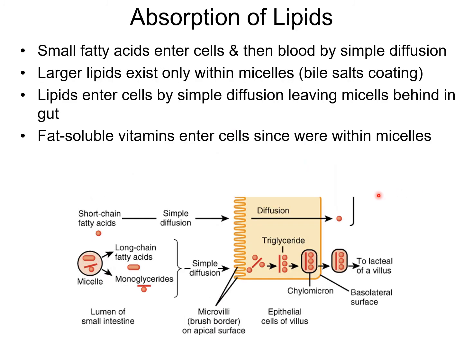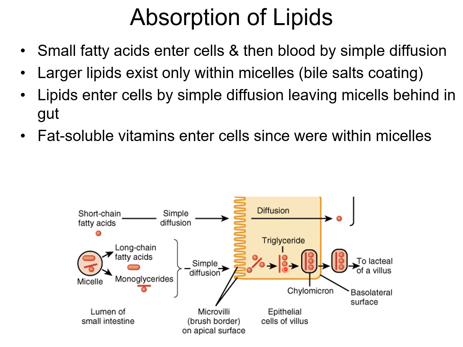So let's take a look at the first part of the lipid absorption. We created fatty acids, even some monoglycerides, and these molecules enter the absorptive cells by simple diffusion.